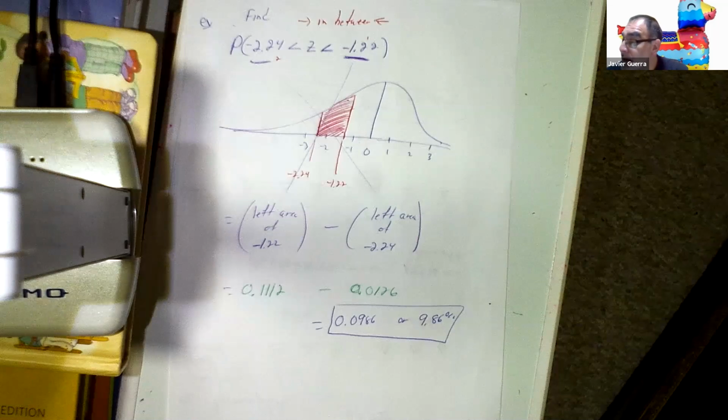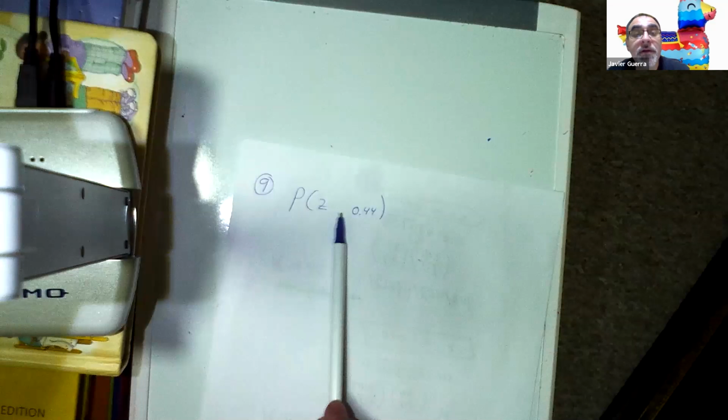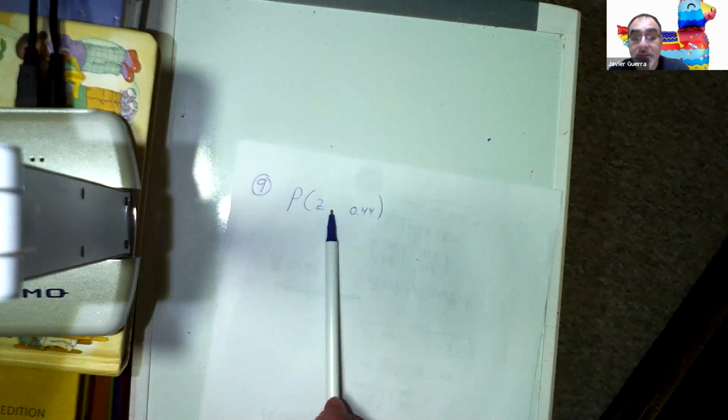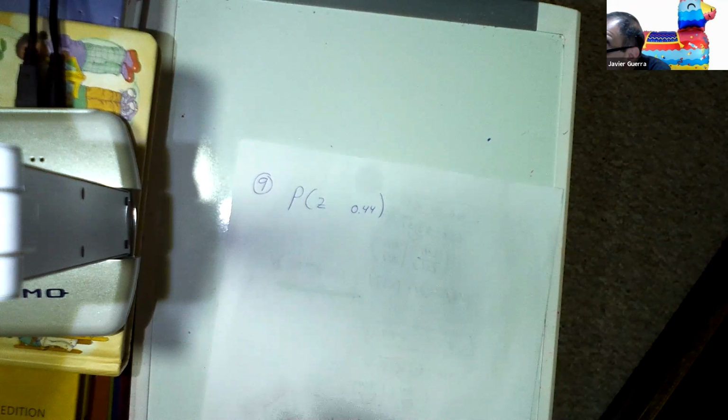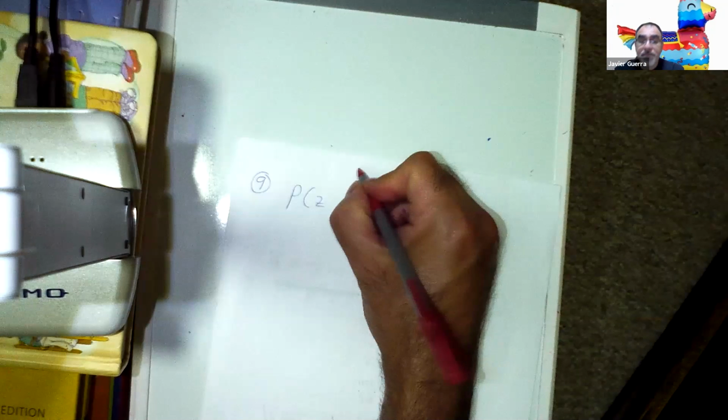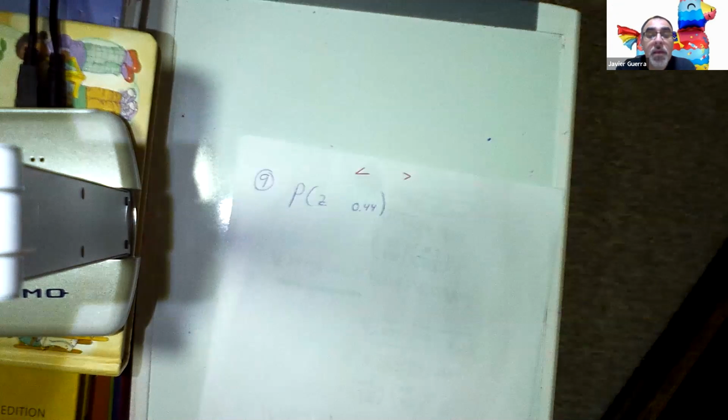I need to figure out what is that inequality symbol that goes in between there. Was it less than or was it greater than? Go back to the picture. Which way is the shading?